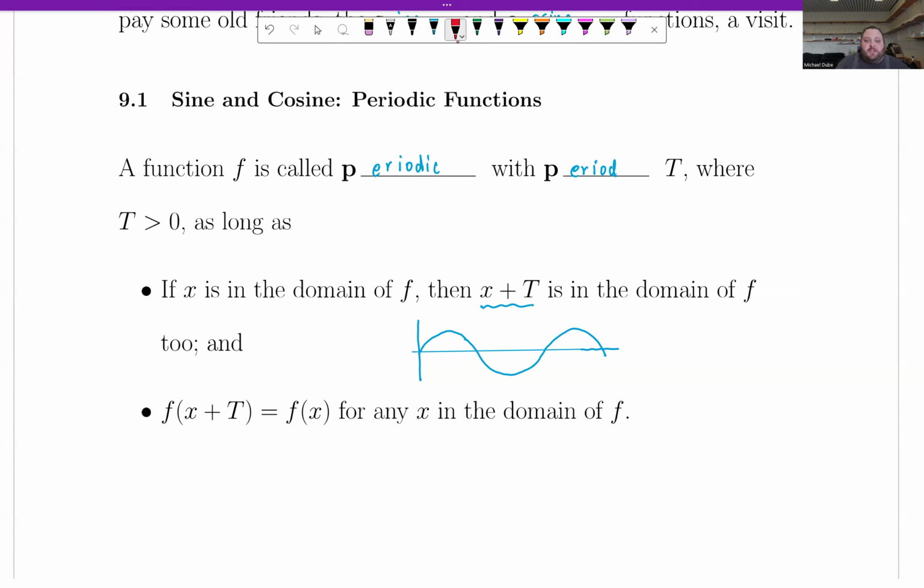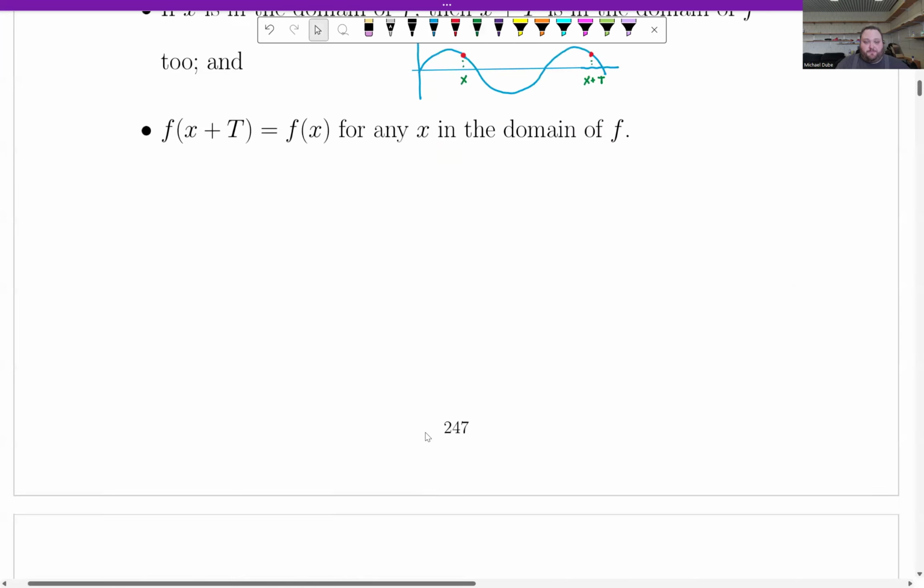Okay, then if we choose some point here and look at this analogous point here, we label this x and this x plus T, we see that this function is repeating after every period, right? The height is the same whenever we add T to any of our x values, okay? So that's what we mean by periodic functions.